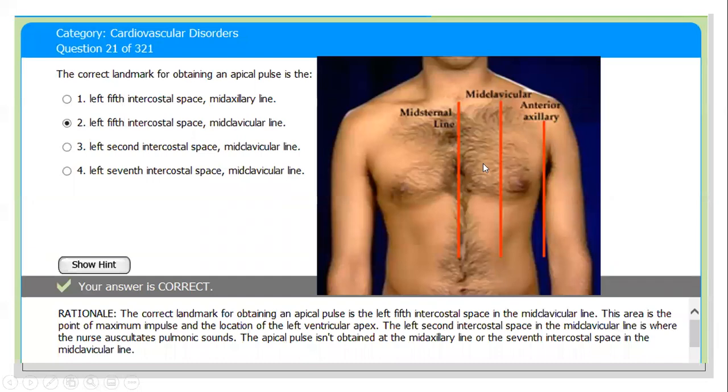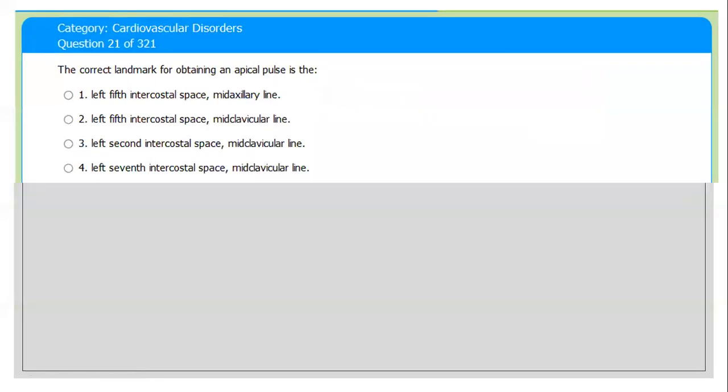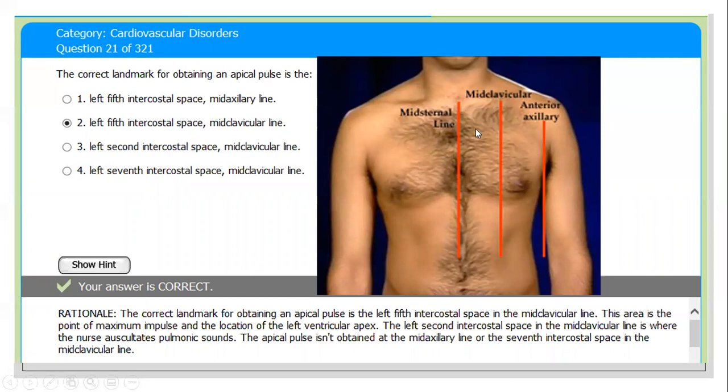So in this picture, we can see this is the mid-sternal line, this is the mid-clavicular line, and this is the mid-axillary line. So first of all, our apex beat, right? The question is talking about apical pulse. The apical pulse is the pulse over the top of the heart, this area.